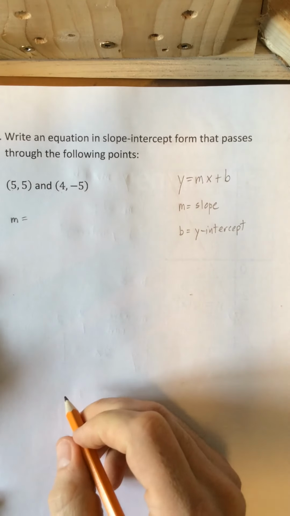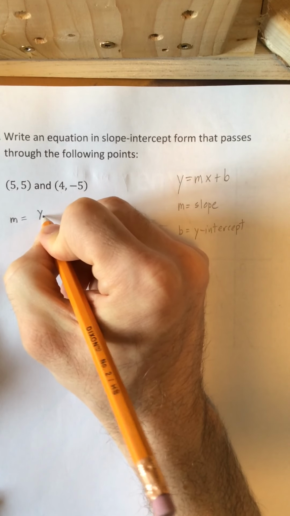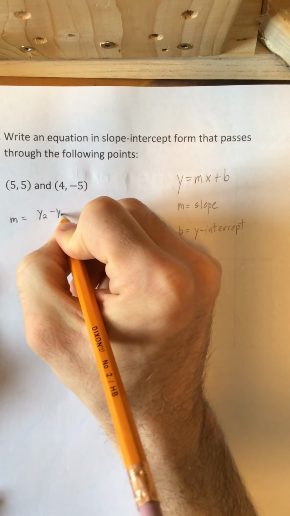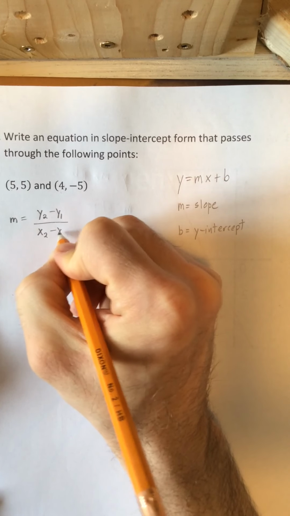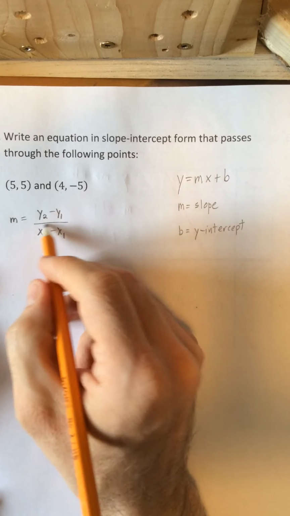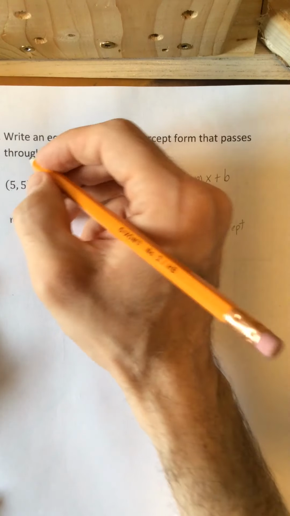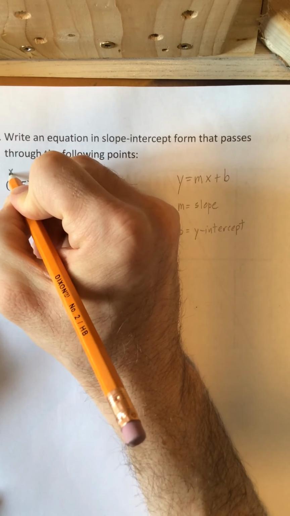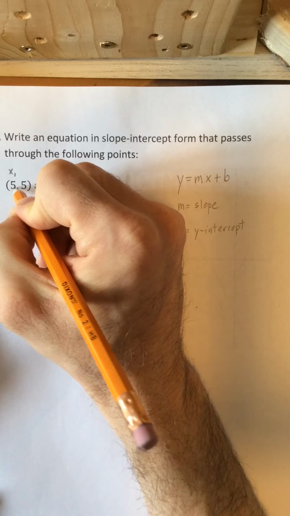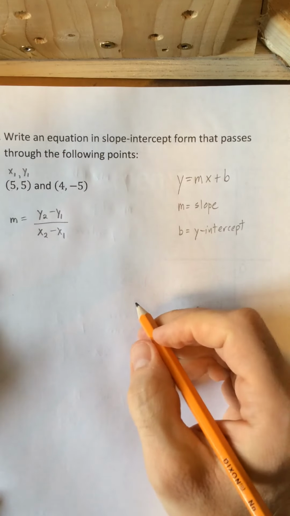Now, a slope formula that you previously learned was the slope is equal to y2 subtract y1 divided by x2 subtract x1. So this is the change in y divided by the change in x. Since this is the first coordinate that was given, we'll call this the first x value, or x1, and we'll call this the first y value, or y1.